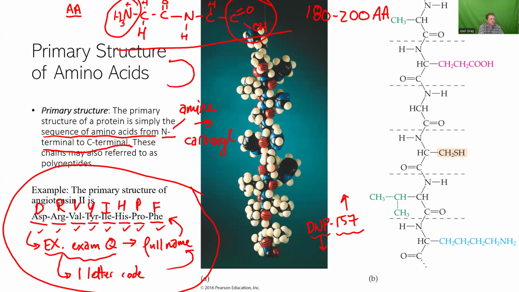And whenever that curves, that means that this group right here is right here, and this group right here is right here. So these groups that were far away from one another, based on how this molecule folded, got in very close proximity to one another.